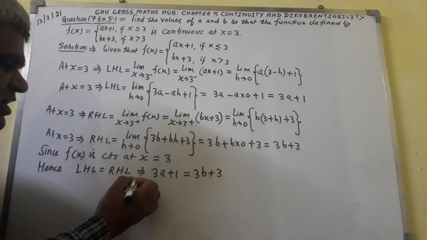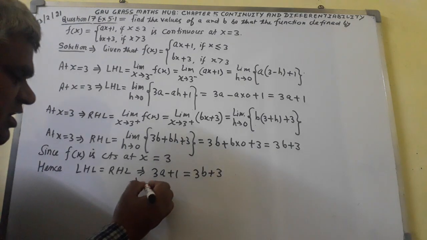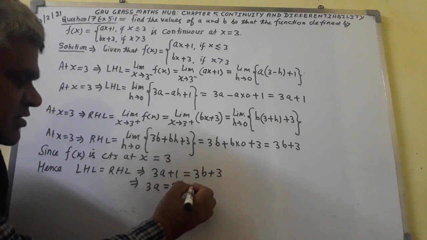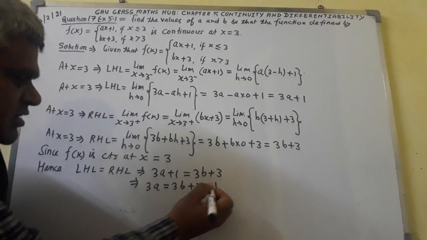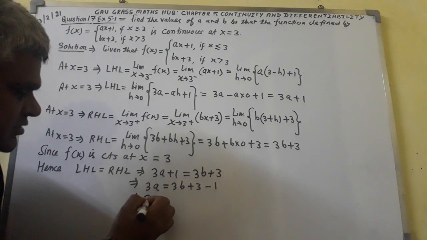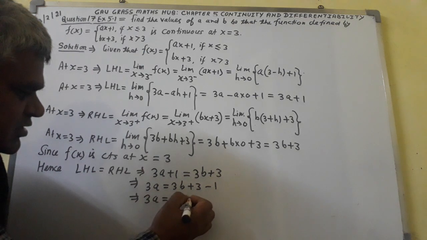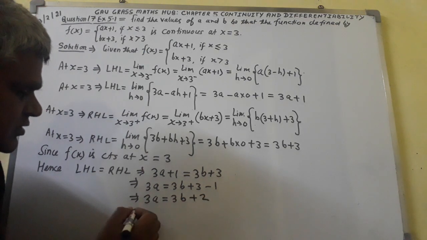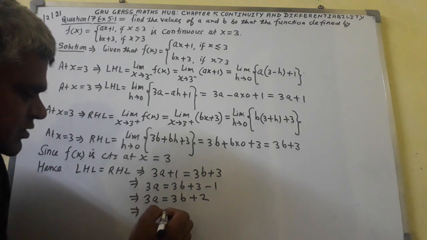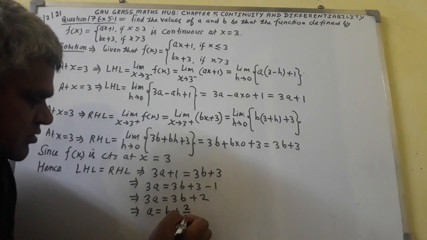This implies that 3a is equal to 3b plus 3 minus 1, which comes out to 3a equal to 3b plus 2, so a is equal to b plus 2 by 3.